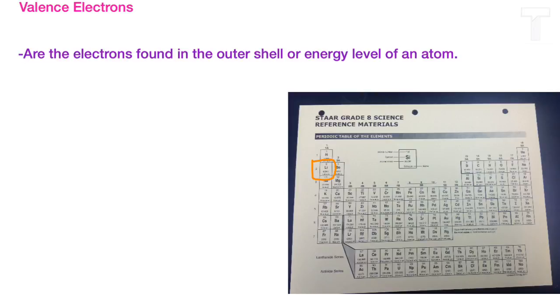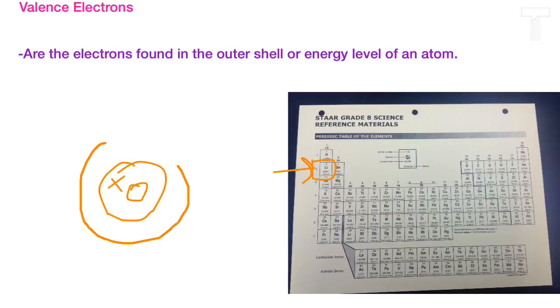So here's lithium again. We know that lithium has a nucleus, and in that nucleus you'll find positive protons and neutrons with no charge. And you'll have your electrons. Well, we found out when we talked about periods that since it's in period 2, it should have, that's right, 2 orbitals. So we'll draw 2 orbitals around the nucleus.